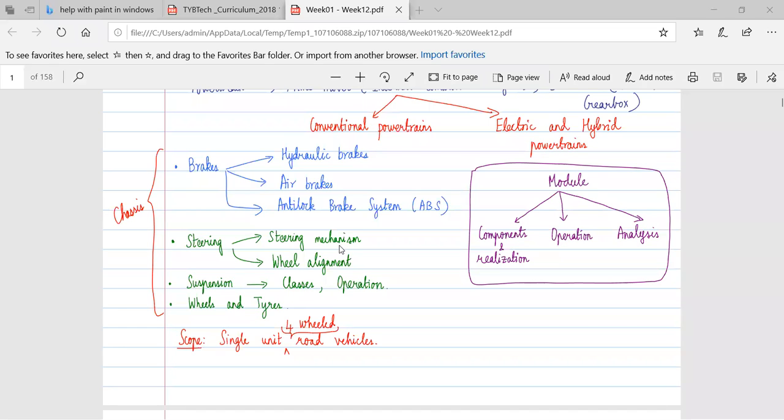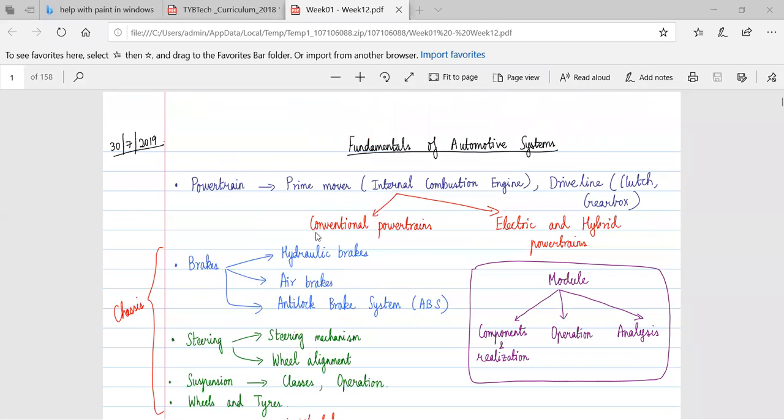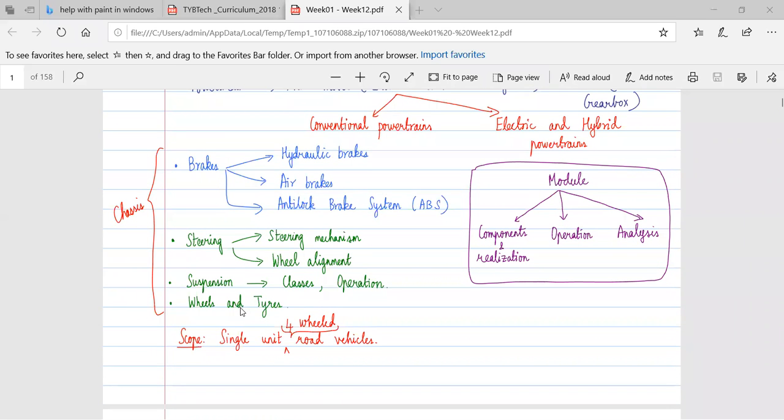Now this syllabus is based on slides I have taken from an NPTEL course, and these slides are a part of the automobile sector only.